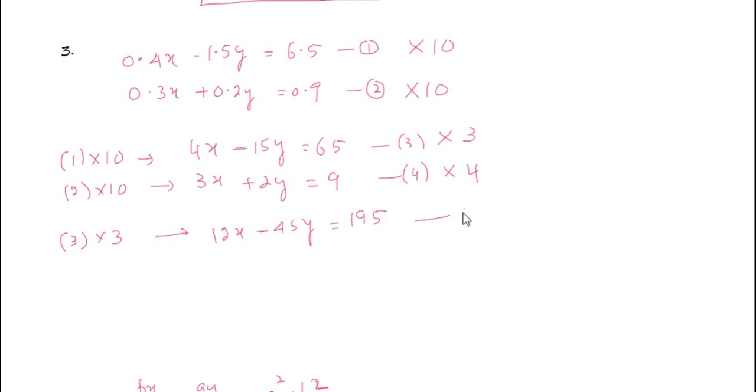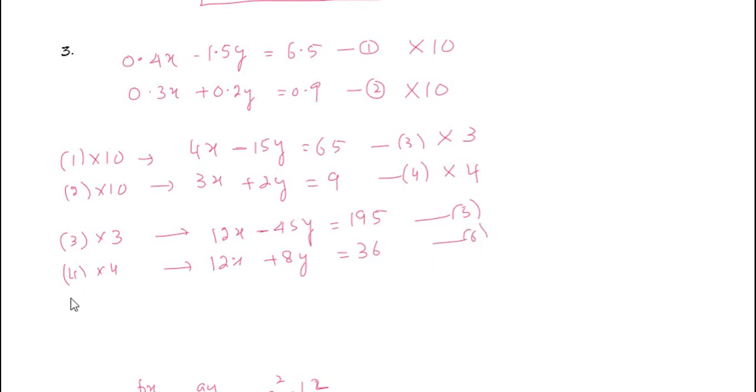This equation is 5. Now equation 4 into 4 gives here 12x, then 2 into 4, that is plus 8y, equal to 4 into 9, that is 36. That is equation 6.